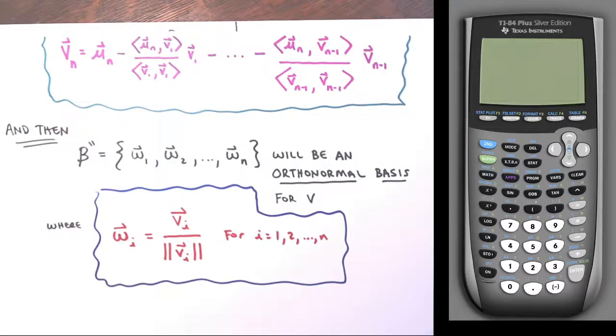Is it symmetrical? Does it have additivity in the first slot, homogeneity in the first slot, and is it positive definite? Where the inner product of a vector with itself is always greater than or equal to 0, but only equal to 0 if the vector you're looking at is the 0 vector, which wasn't the case in my example earlier where there was a mistake.